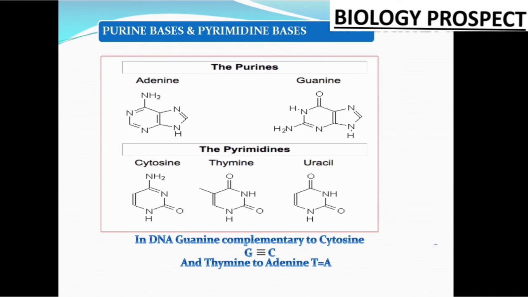So adenine always combines with thymine, and guanine always with cytosine. Guanine and cytosine combine with 3 hydrogen bonds, and thymine and adenine are composed with 2 hydrogen bonds. That is the polynucleotide structure of the DNA. It is mainly made of one molecule of phosphate, one molecule of pentose sugar, and one nitrogen base.